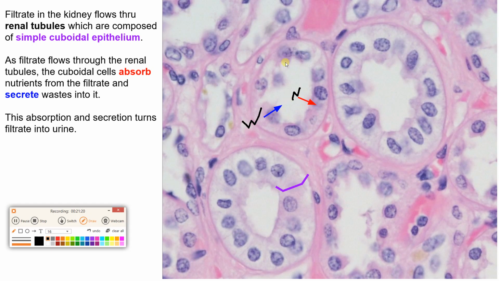So this simple cuboidal epithelium is really good at absorption and secretion. One cell layer is great for that, because you don't have to go through multiple layers. A squamous one would not be as good, because squamous cells, by virtue of being so skinny, can't have as much cellular machinery inside them to facilitate absorption and secretion.